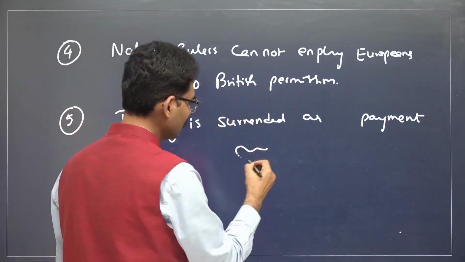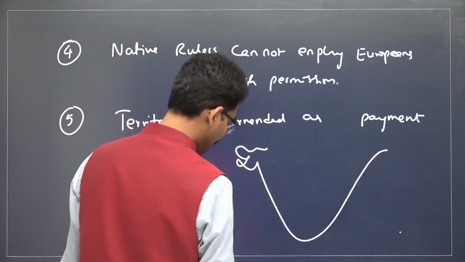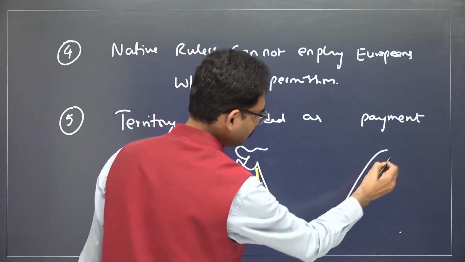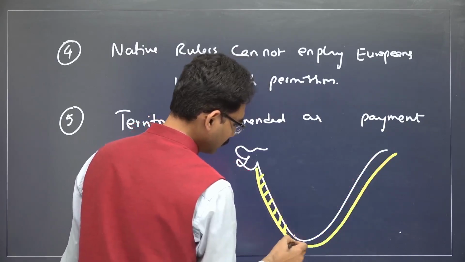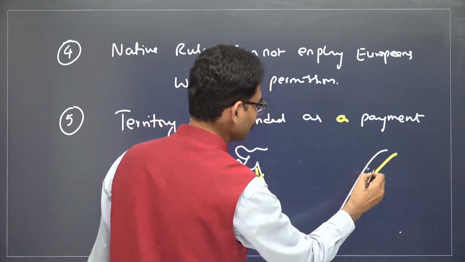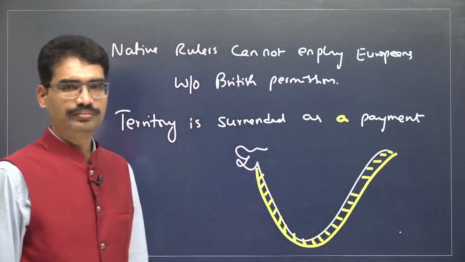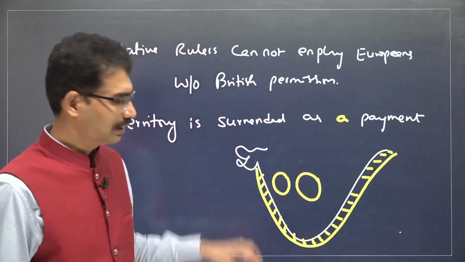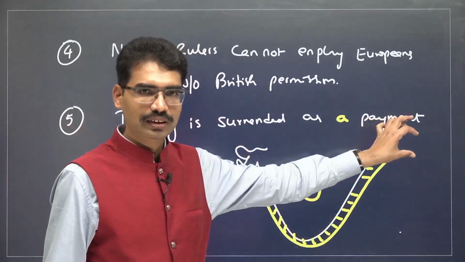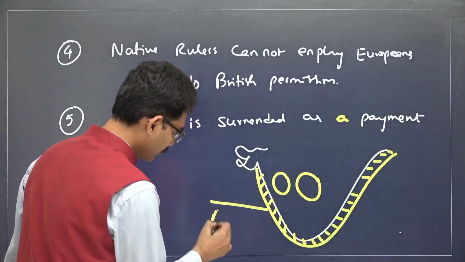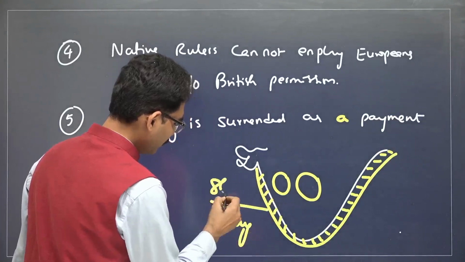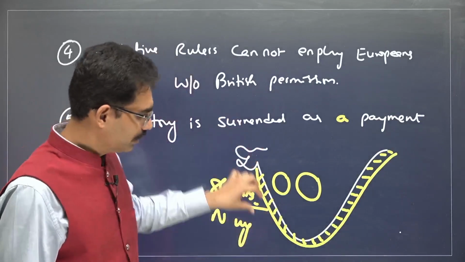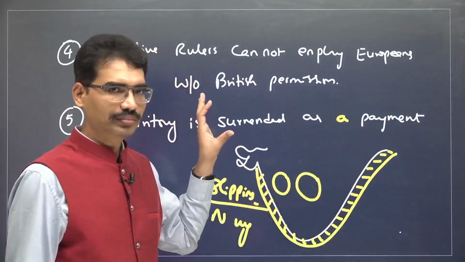When it comes to the subsidiary alliance treaty, they used to demand the territories along the coastline. Because internally, whether you are a separate kingdom doesn't matter, but externally, for naval shipping lines, they needed control. That's why they used to control the coastal area.